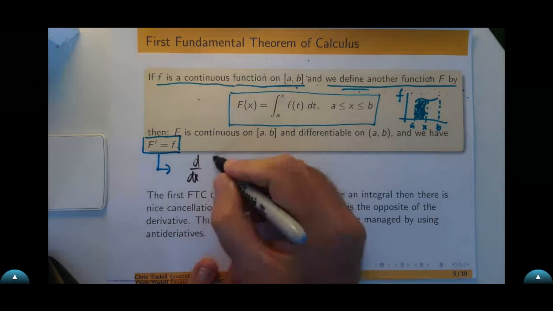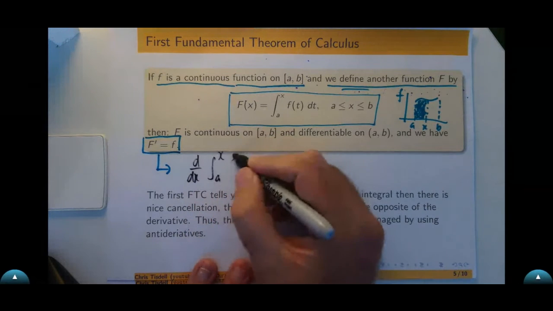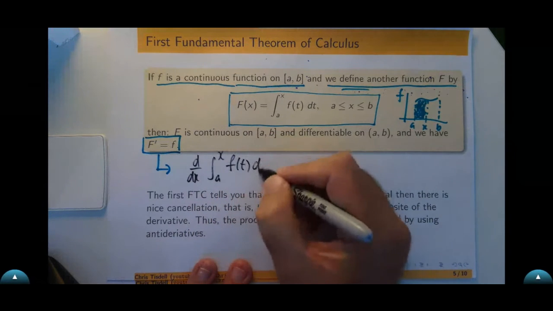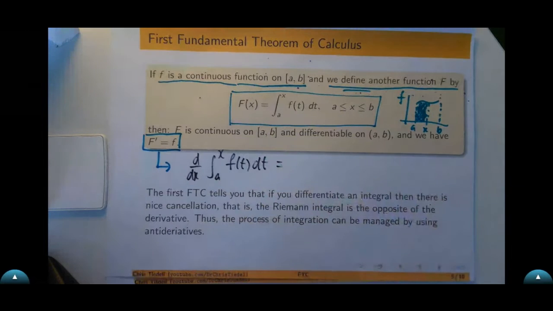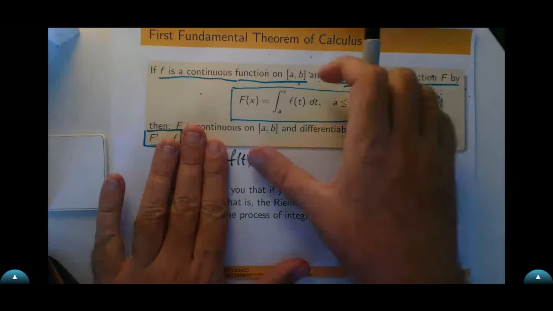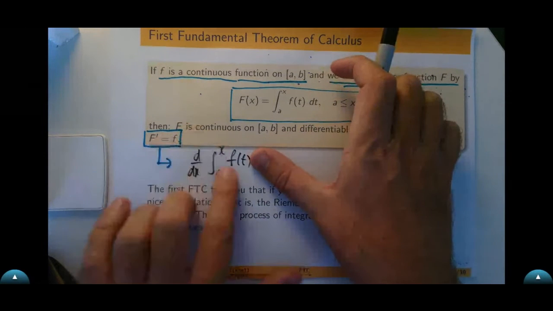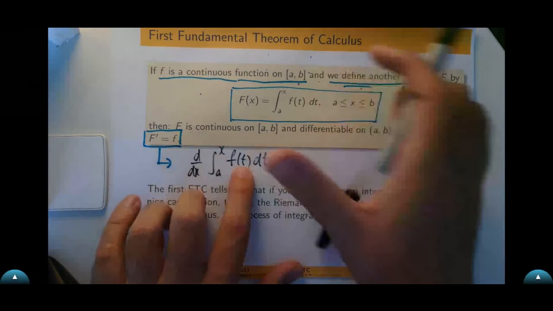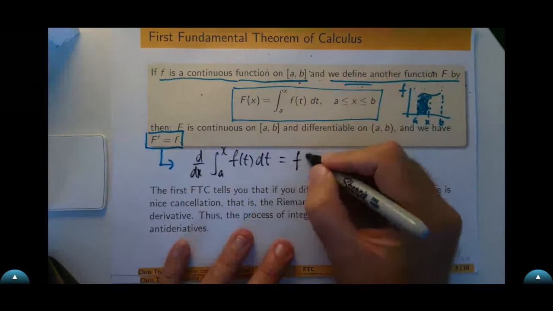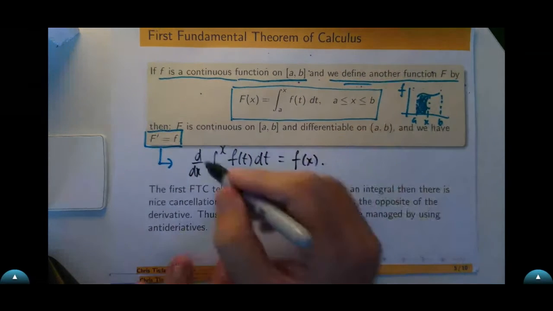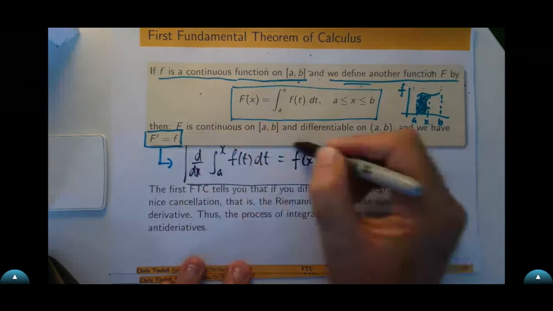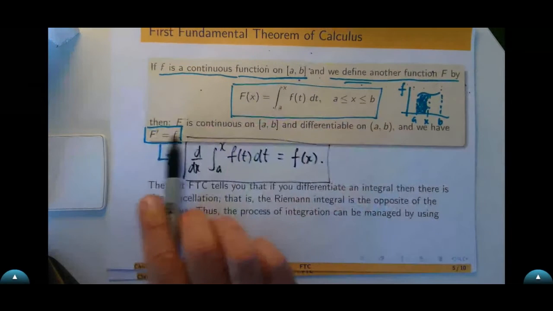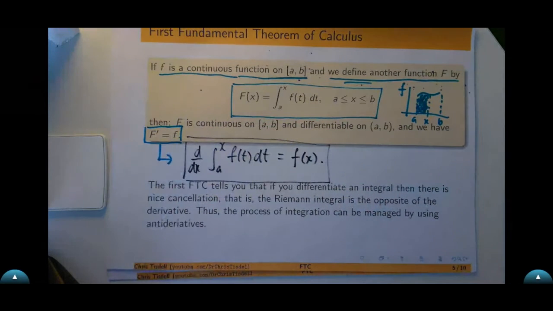If I'm differentiating an integral like this, what happens is the derivative and the integral disappear, and the dummy variable gets replaced with x. Okay, so this is probably a little easier to understand than this, but they're essentially saying the same things.